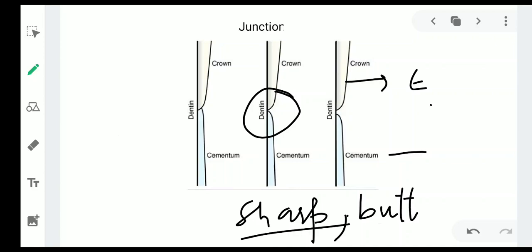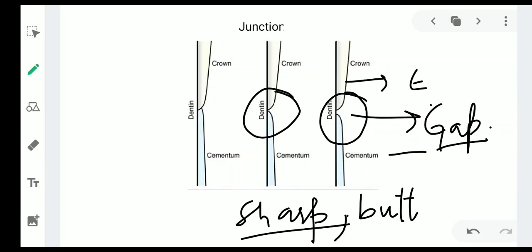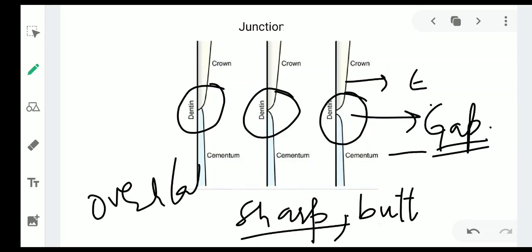So this is a sharp or a butt type junction, and when there is no contact between the enamel and the Cementum, then it is known as a gap junction. And whenever there is an overlap of enamel over the cementum or cementum over the enamel, then it is known as an overlap junction.